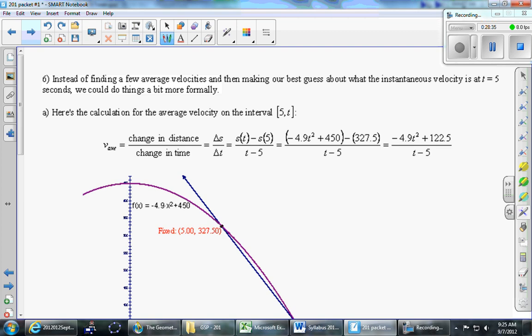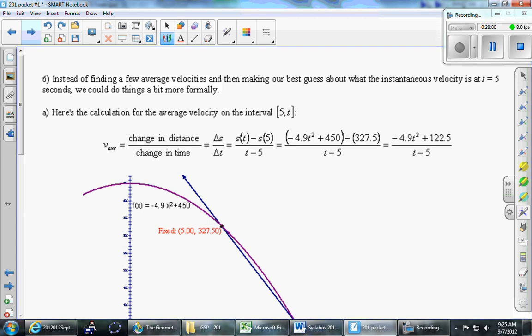So between 5 and t, well, we used to do s of 4 minus s of 5, right? Now what are we doing? S of t minus s of 5. On the bottom, it used to be 4 minus 5. Now it's t minus 5. It looks exactly the same as the calculations you just did. But instead of having a specific number that's near 5, we have t, a general number.